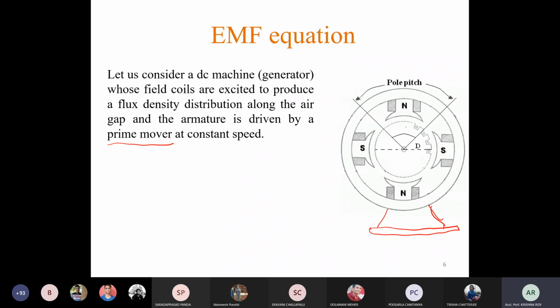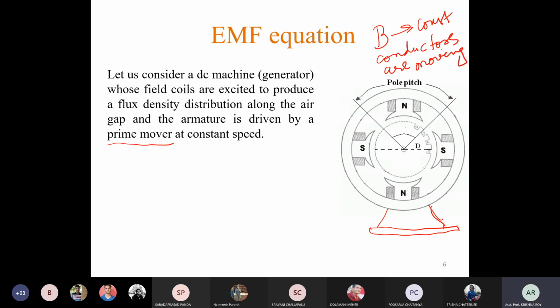So now the situation is, this rotor which is carrying the armature winding is rotating under some magnetic flux. Here the flux B, that is the flux producing source, is constant in magnitude as well as in space, and the conductors are moving.